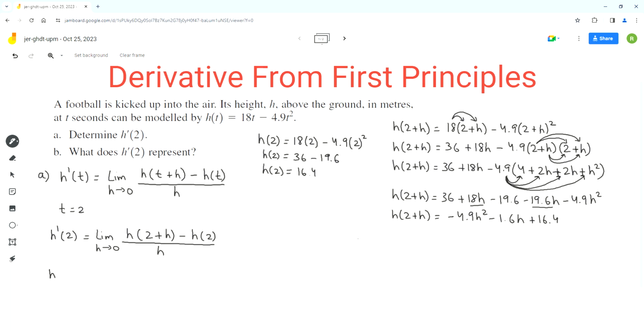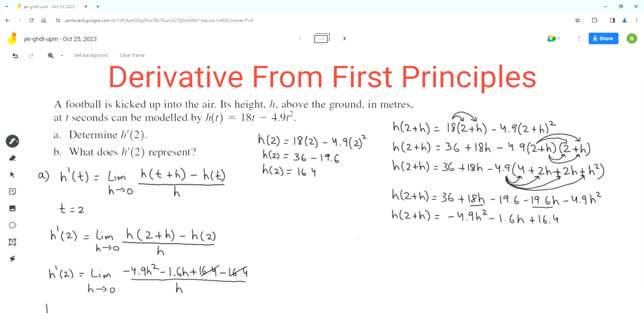So h'(2) equals the limit as h approaches 0 of h(2 + h), which is negative 4.9h squared minus 1.6h plus 16.4, then minus 16.4, which is h(2), all over h. Now we can cancel out the 16.4s.